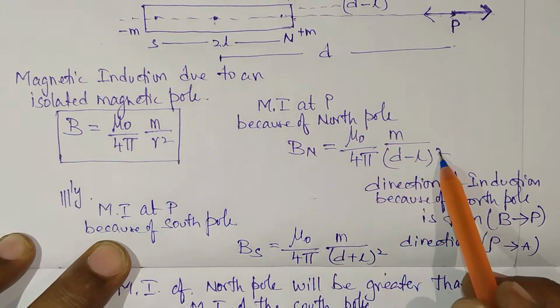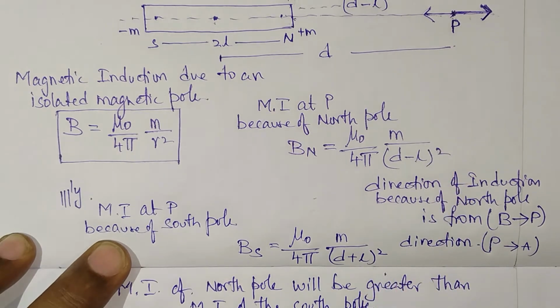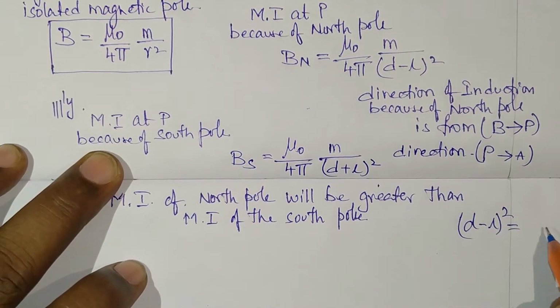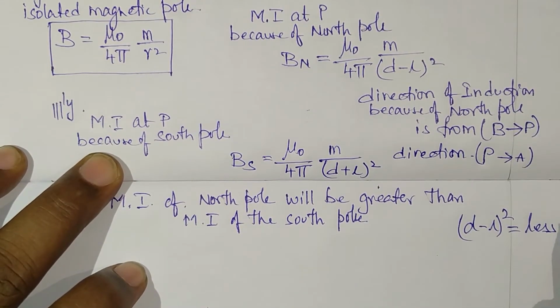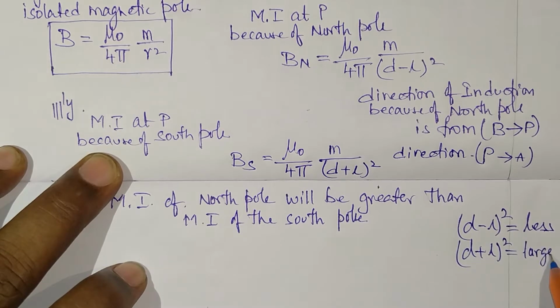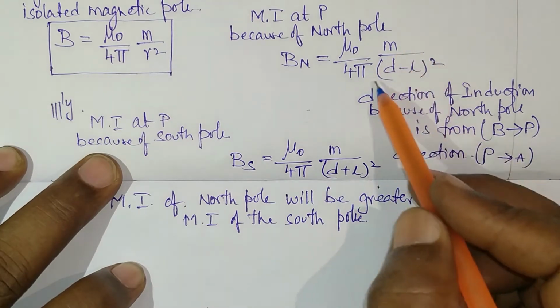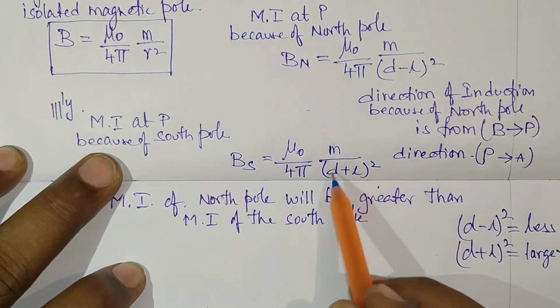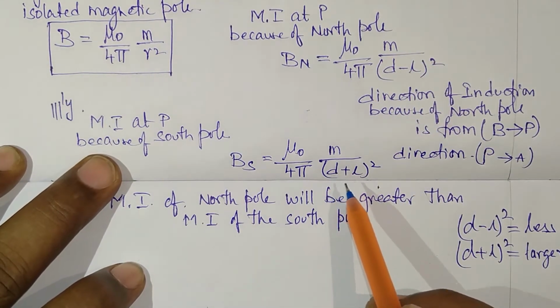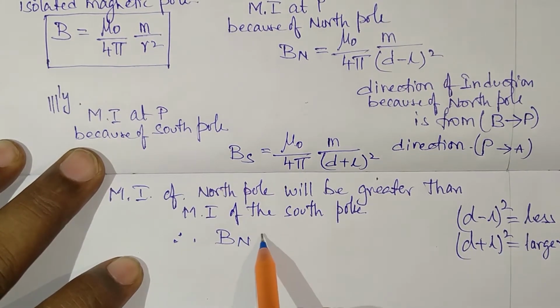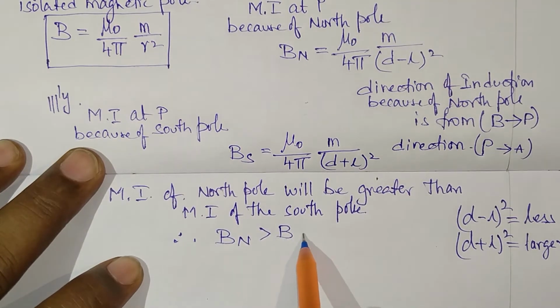The denominator is d minus L whole square here, and d plus L whole square there. So d minus L whole square will be a smaller value, and d plus L whole square will be a larger value. When the denominator is smaller, the value will be greater. When the denominator is larger, its value will be smaller. Therefore, the magnetic induction of the north pole is greater than the magnetic induction of the south pole.